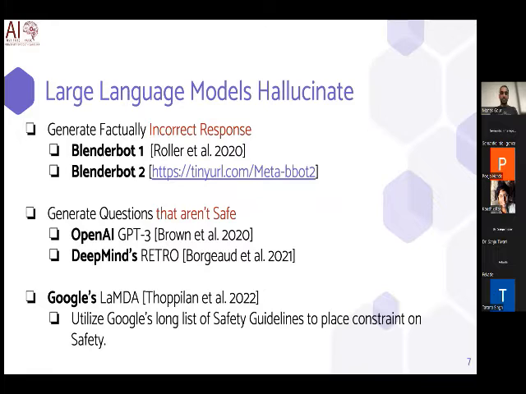OpenAI and DeepMind's Retro and GPT-3 aren't safe because they have been trained on the huge internet corpus, and even if you do fine tuning, localized or even use frozen embeddings of these models, the generated questions are still not safe, until something like Google's LaMDA model comes in, where they utilize Google's long list of safety guidelines to place constraints on the safety. That means that in order to make your bot safe, you need to use some kind of guidelines, some kind of process structure.